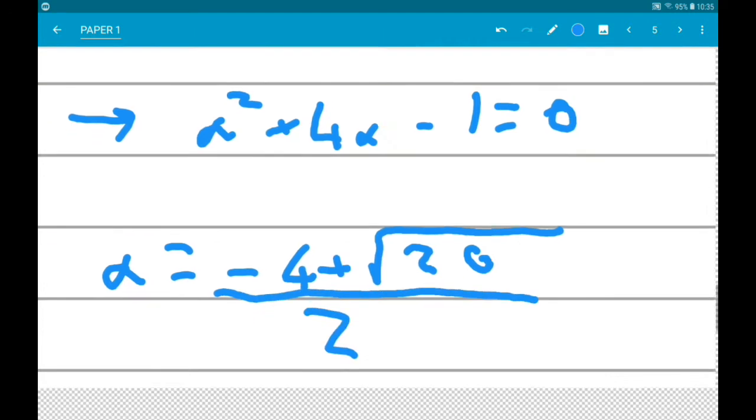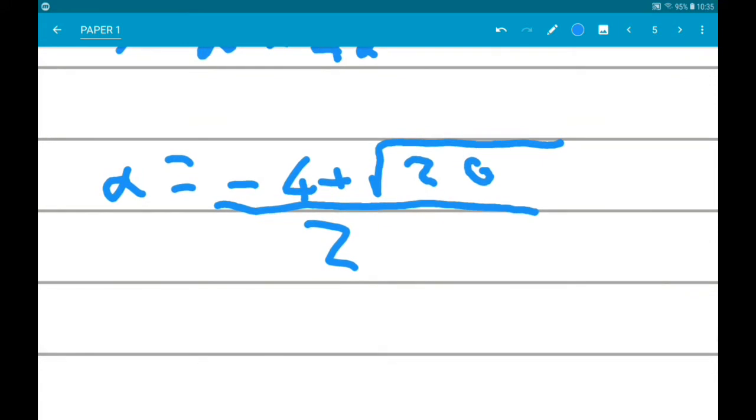Now, to 3 decimal places, that gives us alpha is 0.236.